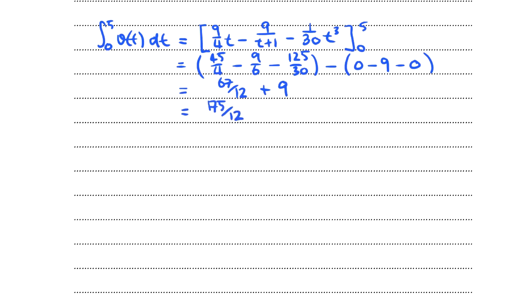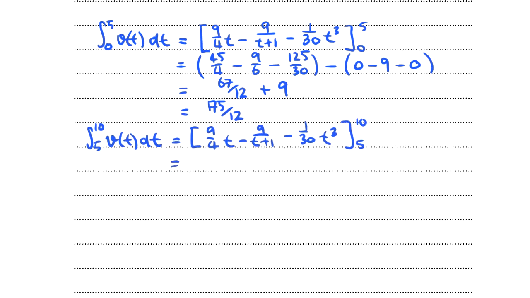The second stage is we're integrating from 5 to 10 of the velocity function with regard to time. It's going to equal exactly what we had up the top, 9 on 4 t minus 9 over t plus 1 minus 1 on 30 t cubed, but this time we're going from 5 to 10.